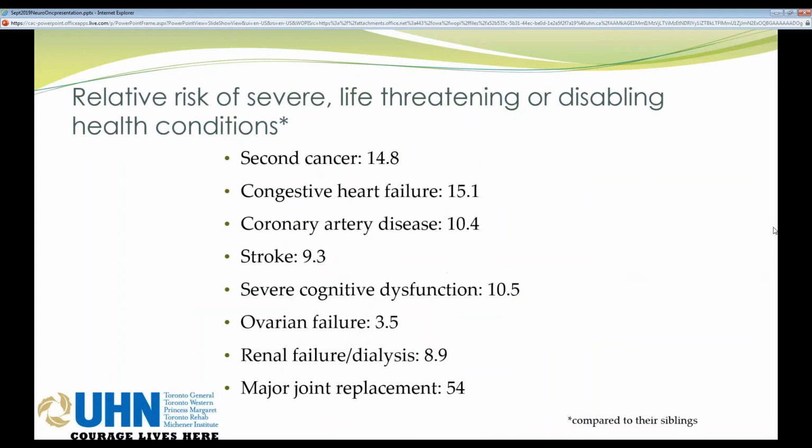Something we've learned from comparing pediatric patients with cancer to their siblings is that when you look at life-threatening health conditions, there's definitely a greater chance of someone who's had a pediatric cancer diagnosis having more potential health conditions.